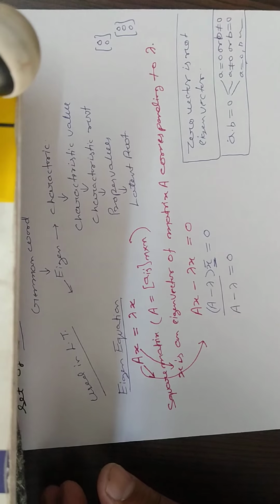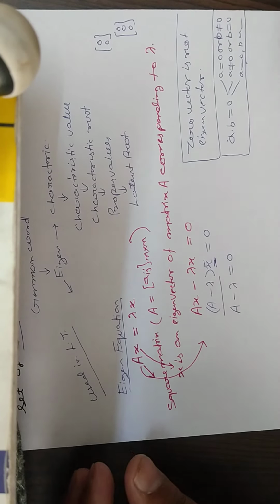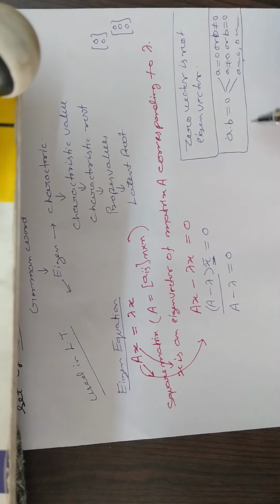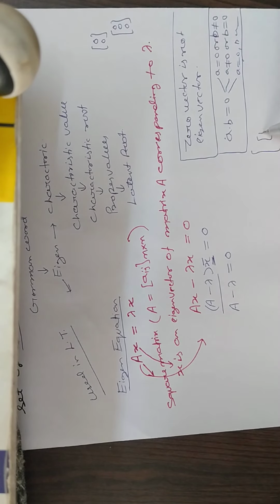Now we have a very interesting logic related to the subtraction of a scalar from a matrix. It is not possible to subtract a scalar from a matrix without multiplying the scalar by an identity matrix. For example, suppose that we have the matrix 1, 2, 3, 4, and 5 is a constant here.